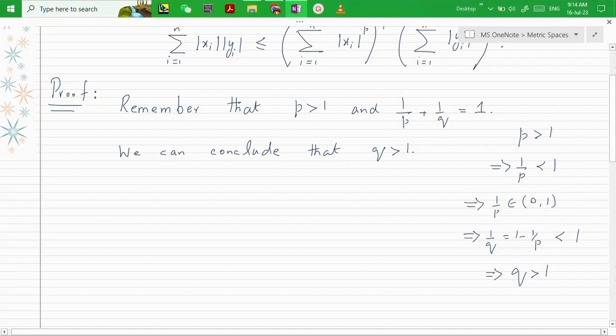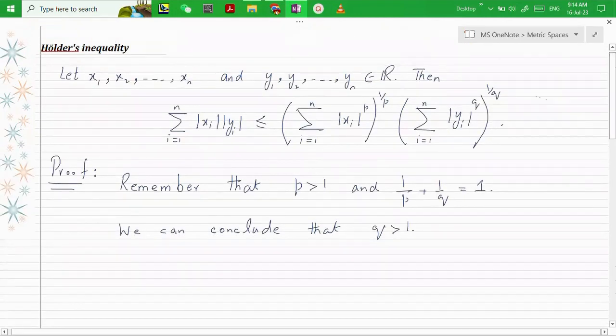So we start the proof here. In this inequality, which we name equation 1, on the right hand side we have the summation i from 1 to n of mod of xi power p, whole power 1 by p, and the summation i from 1 to n of mod of yi power q, whole power 1 by q.